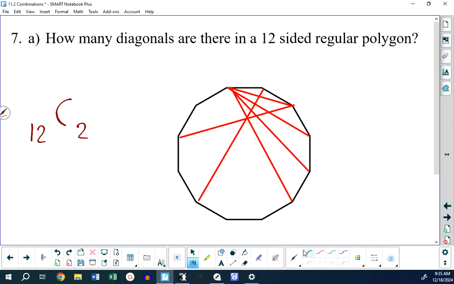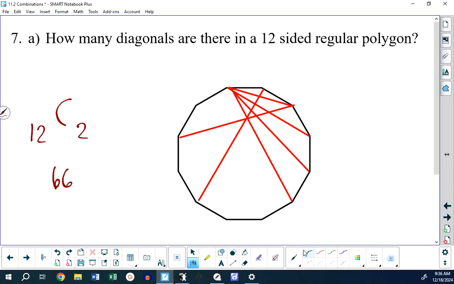So if I continued to do this, I could draw 66 diagonals. Sorry. That's not the answer to the question. What this is telling us is there are 66 different ways to connect pairs of vertices, corners.